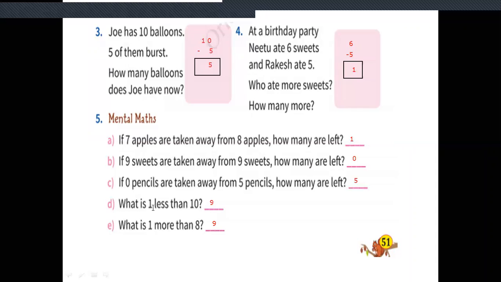Less means you have to subtract. Okay. What is 1 less than 10 means 10 minus 1 you should do. What is 1 more than 8 means you have to add 1. More than means you have to add. Less means you have to subtract. Okay. 10 minus 1 is 9. 8 plus 1 is 9. Okay. Less means you have to subtract and more means you have to add. Okay.